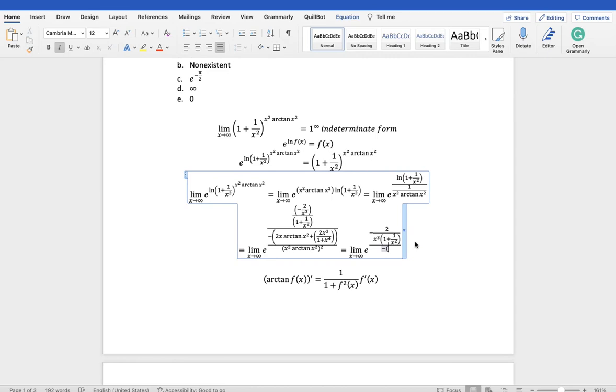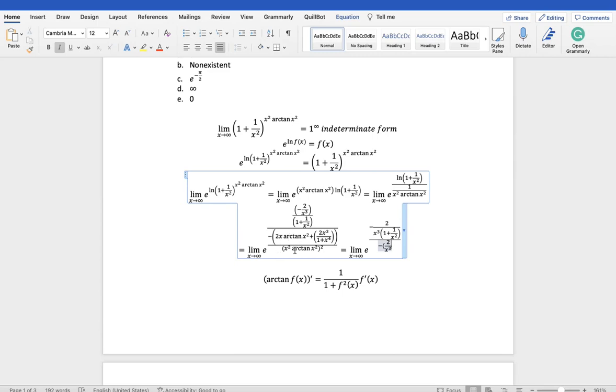The 2x divided by x squared is just 2 over x. And the arctan x squared also, oh sorry, it's not x squared, it's x to the 4, right? Because it's squared here. So 2x divided by x to the 4 is just 2 over x cubed, right? 2 over x cubed, multiplied by arctan.